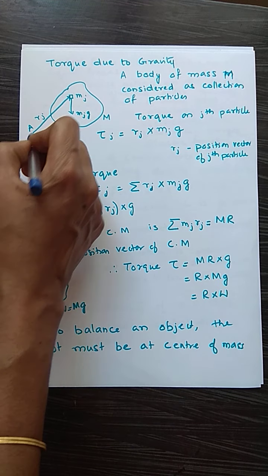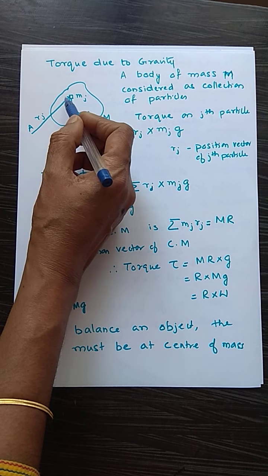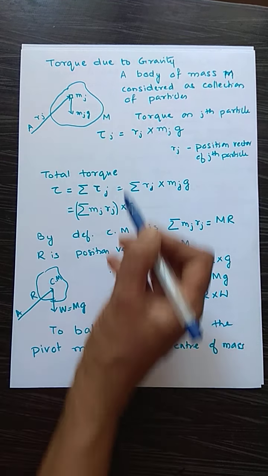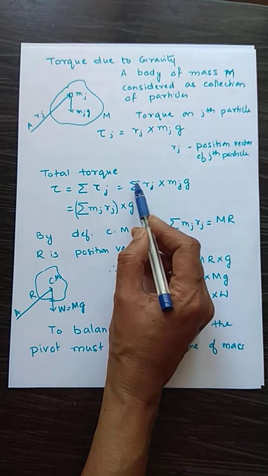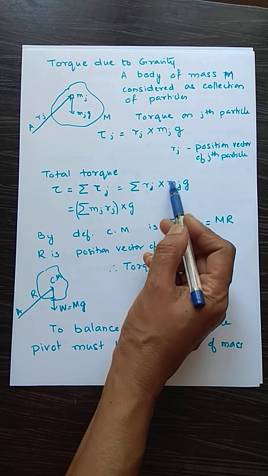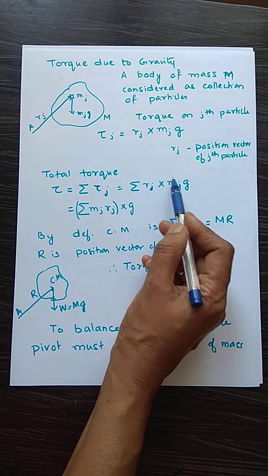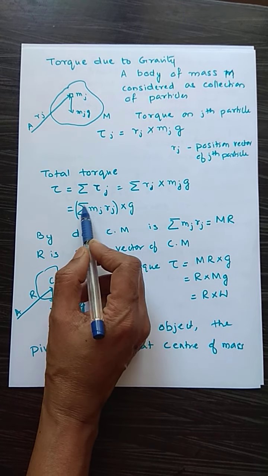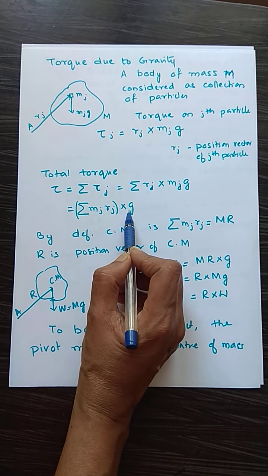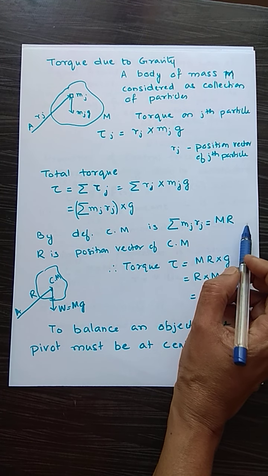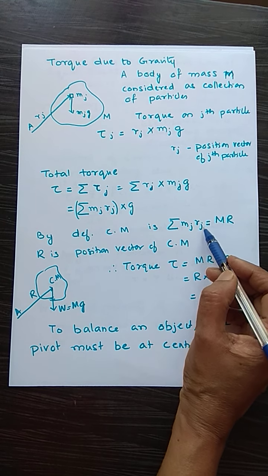A is the origin I have considered, and r_j is the position vector of the jth particle. So the total torque will be the sum over all such particles: sum over r_j cross m_j g. m is not a vector, it is a scalar quantity, so I can take it to this side. So this becomes sum over m_j r_j cross g. The sum over m_j r_j is capital M times r, by the definition of center of mass.